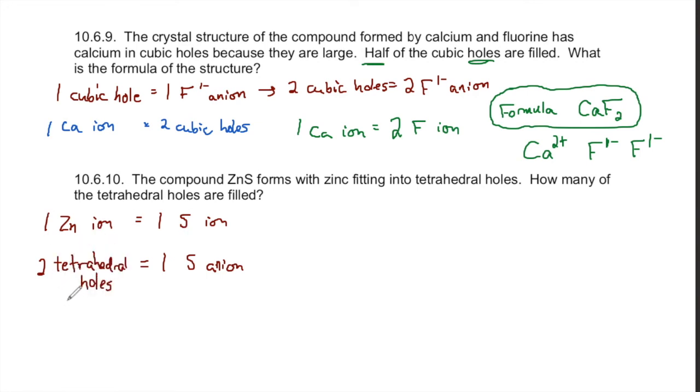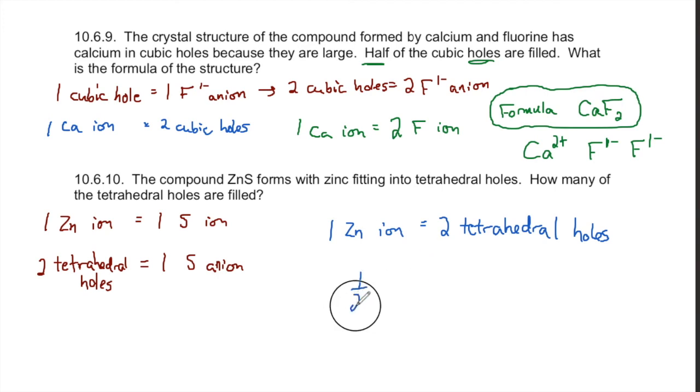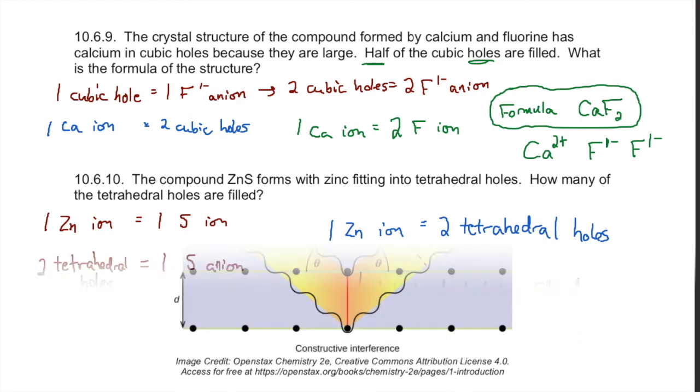So if there's 2 tetrahedral holes for every sulfide anion, and there's 1 zinc ion for every sulfide anion, then that means there's 1 zinc cation for every 2 tetrahedral holes. So for every 2 holes, one of them is occupied. 1 out of 2, or 1/2, the holes are filled. So this type of structure has 1/2 of the tetrahedral holes filled.